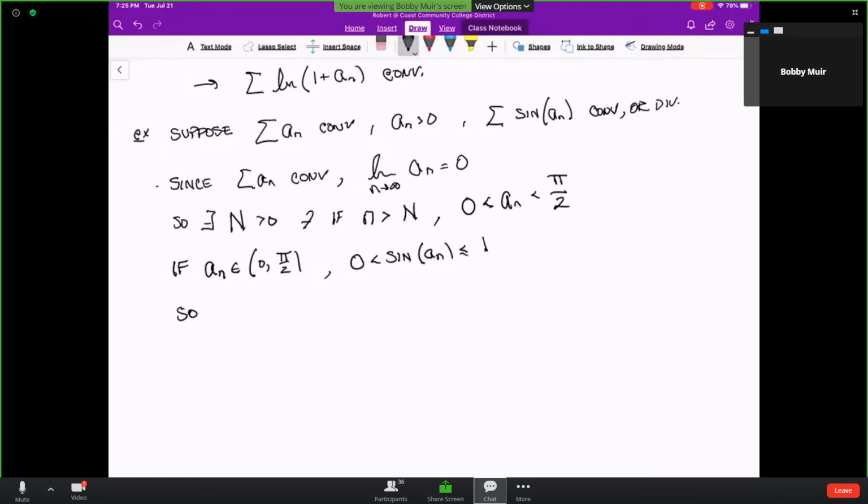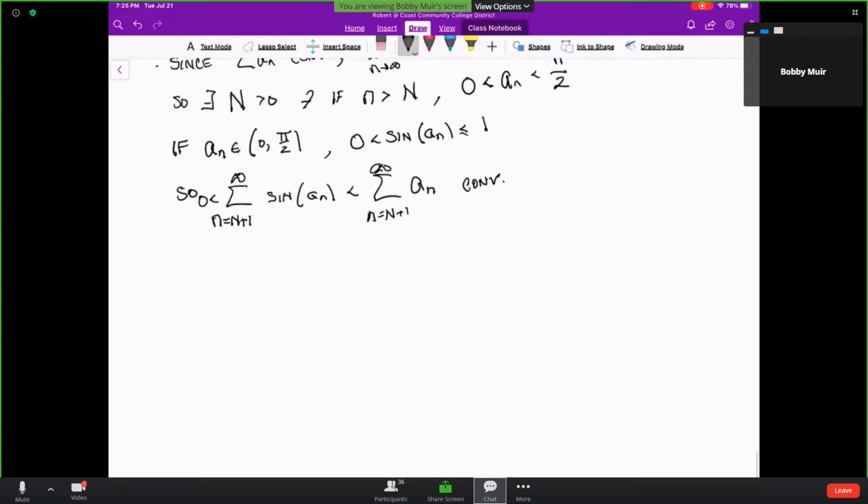So that means that the sum, when n starts at N plus 1 and goes to infinity, of the sine of a sub n is going to be less than the sum starting at N plus 1 and going off to infinity of just the a sub n, which converges.